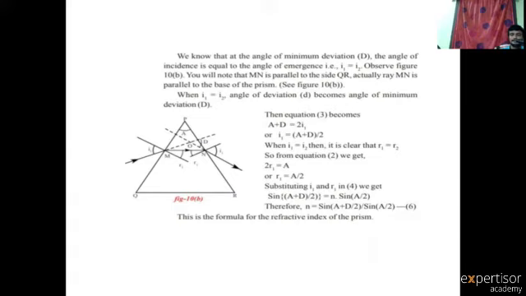So this is the formula for the refractive index of the prism. Here A is the prism angle, D is the minimum deviation angle, and n is the refractive index of the prism.